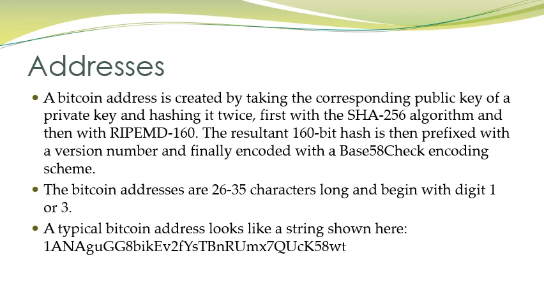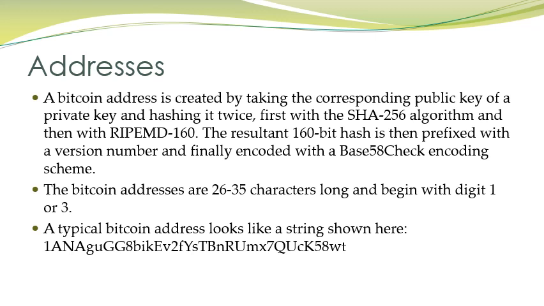The public key is hashed twice: first with the SHA-256 algorithm and then with the RIPEMD-160 algorithm. The resultant 160-bit hash is then prefixed with the version number and finally encoded with the Base58Check encoding scheme.